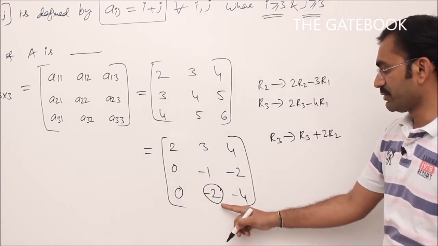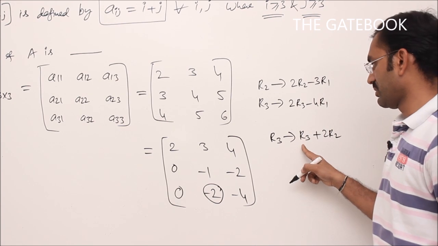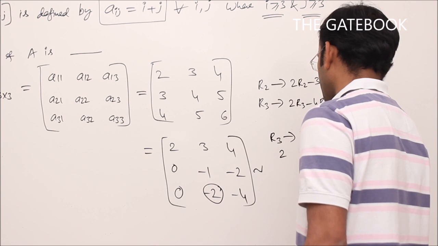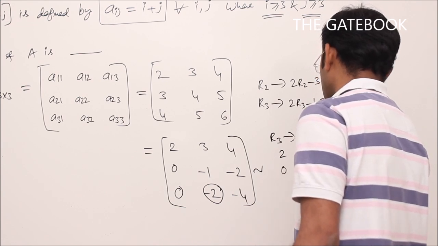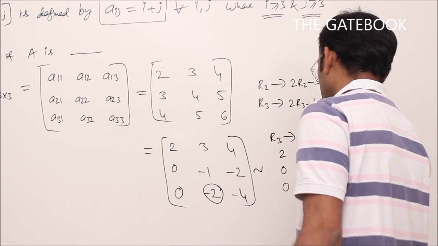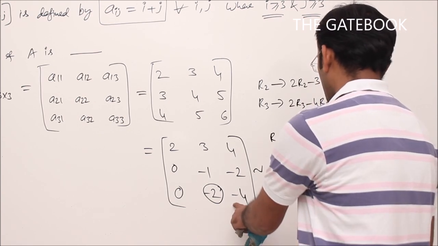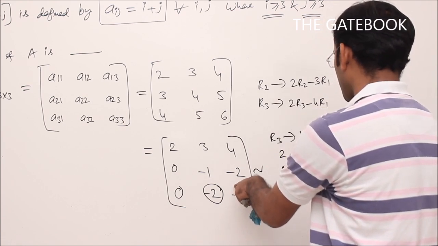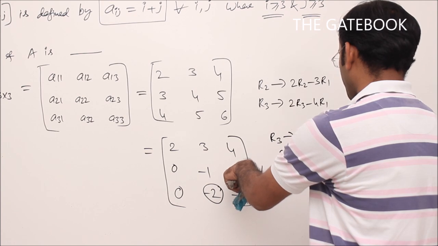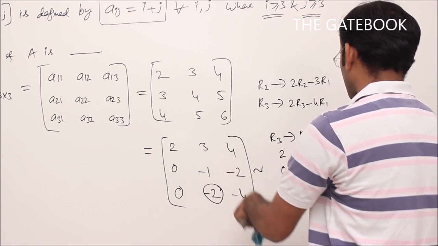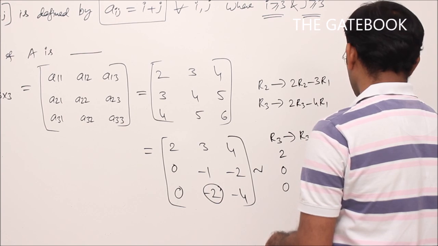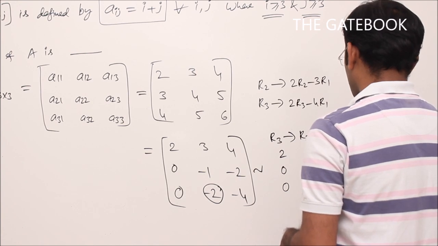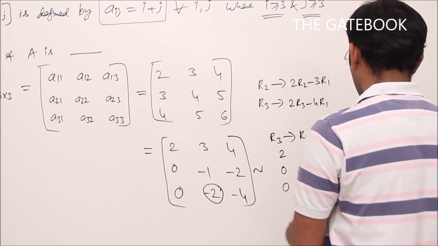Then the matrix will be reduced to 2, 3, 4, with the first row the same, the second row also the same, and the third row 0 and then R3 plus 2R2 entries: minus 4 plus 2 into minus 2 gives minus 8.